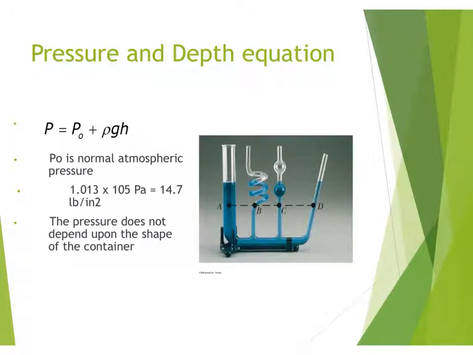So the equation for pressure and depth is that pressure equals P0, the normal atmospheric pressure, which is 1.013 times 10 to the 5th pascals, or 14.7 pounds per inch squared, plus our density times our acceleration due to gravity times the height. And so the pressure does not depend upon the shape of a container, but rather these components.